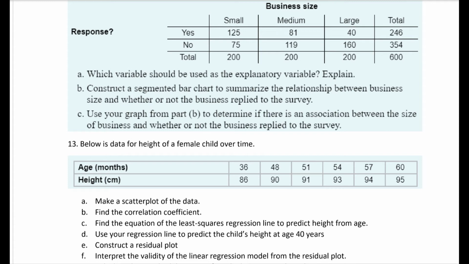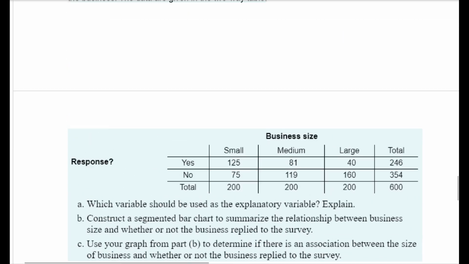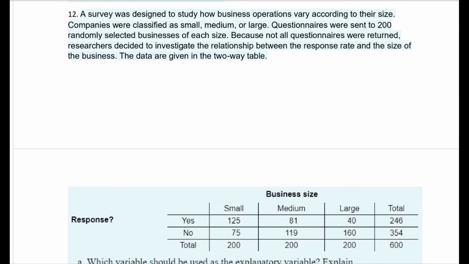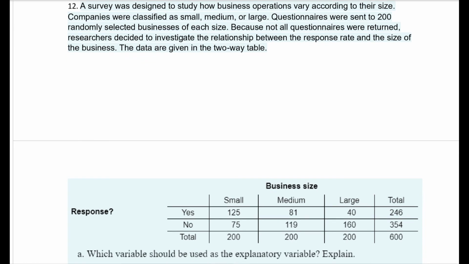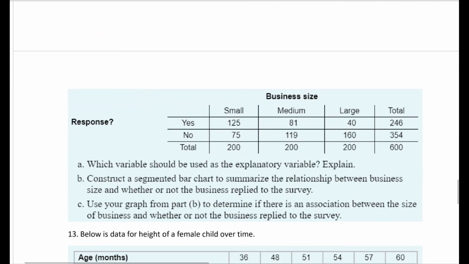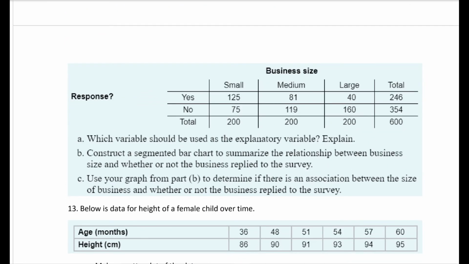So which variable should be used as the explanatory variable? Explain. Well, it's just said in the problem. They're trying to investigate the relationship between the response rate and the size of the business. So that means that depending on how large the business is, will determine what the response rate is, right? That's what they're trying to investigate. So the business size is the explanatory variable because they're trying to see if the size of the business will influence the response rate.